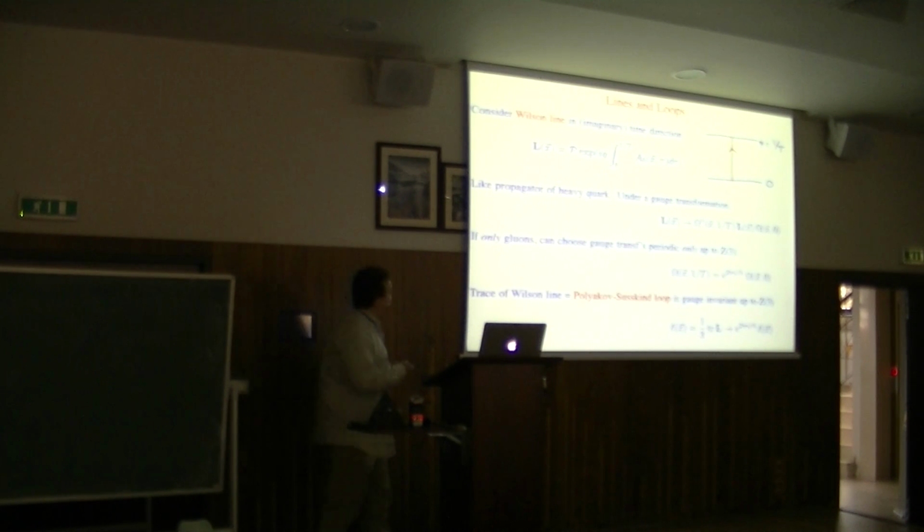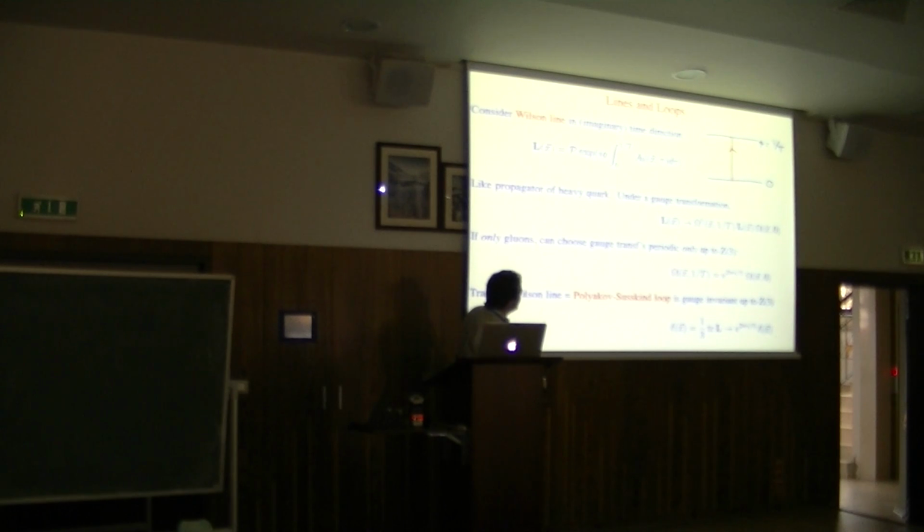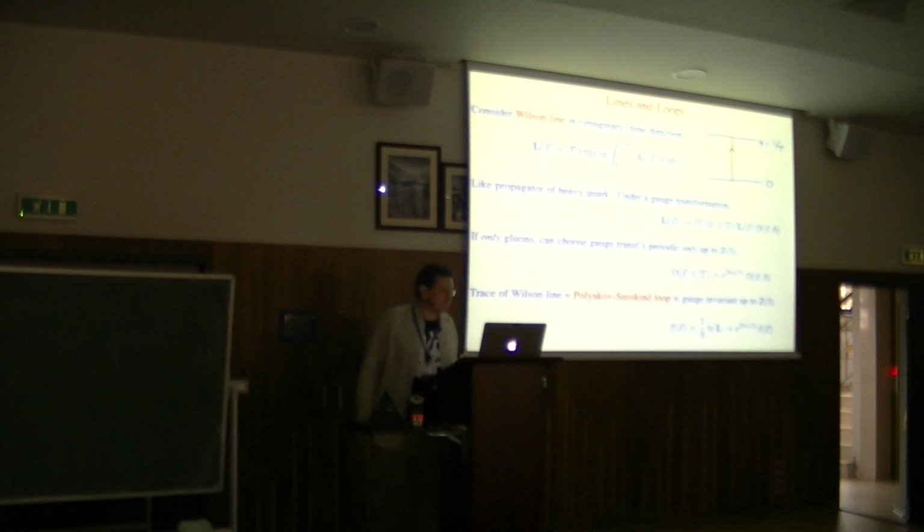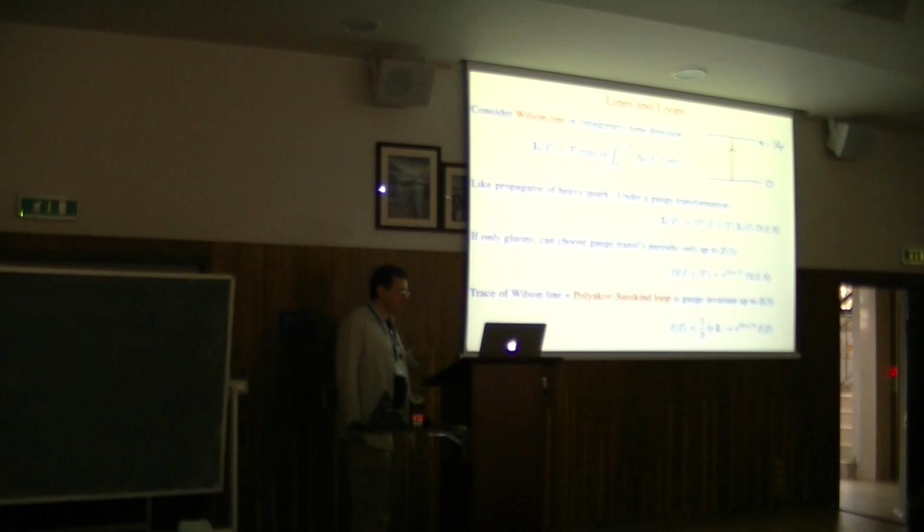That's a very good question. What happens there is you have to take this A naught, and you can define a Wilson line in the adjoint representation. That's what you'd want to do. And in that case, you find this loop would be invariant under that symmetry. So you might say, well then we don't have an absolute measure of confinement for adjoint sources such as gluons.